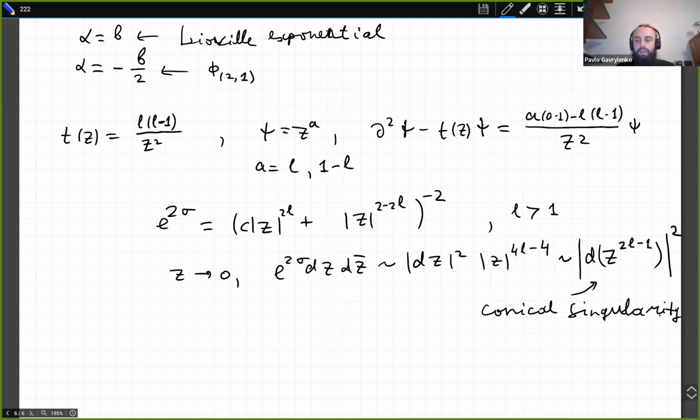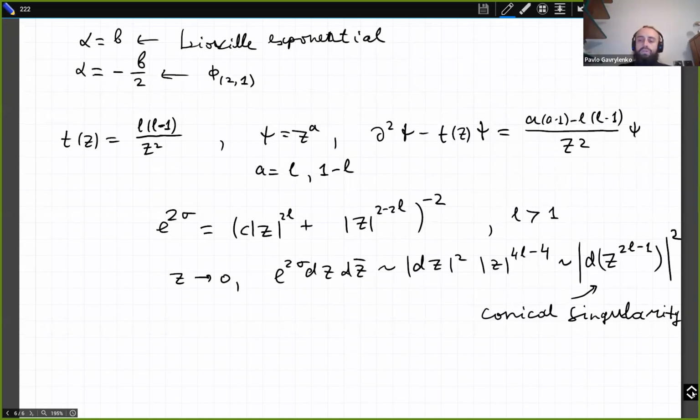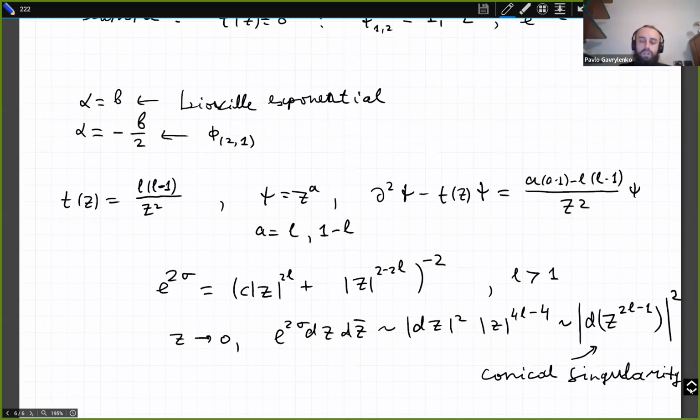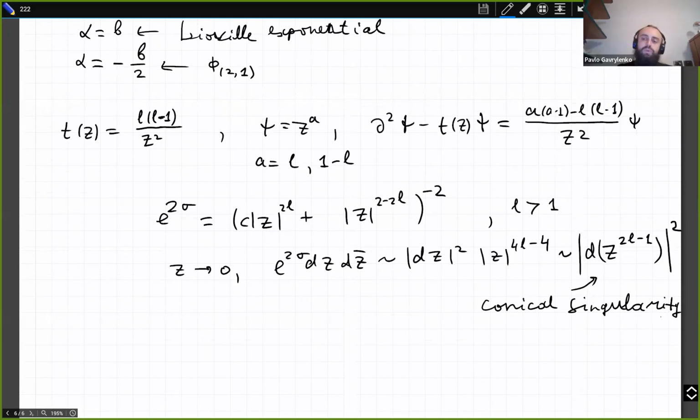So it means that we have a conical singularity. Because this metric can be written as a flat metric, but to do this, we should perform the change of coordinates which takes some power of the complex variable.